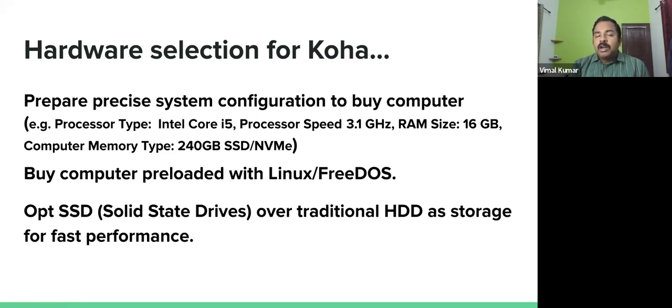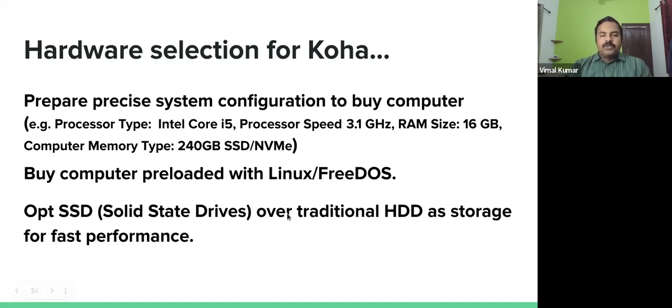You have to additionally give them 10,000 rupees. But we will install Linux. We have to erase Windows. To avoid that, we have to mention the operating system, either Linux or FreeDOS. Otherwise, they will supply you a computer with the Windows operating system.